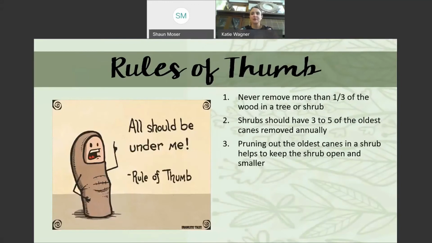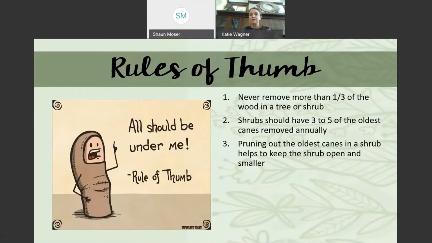Okay, so a rule of thumb: you never remove more than 1/3 of the wood in a tree or shrub. We talked about renewal pruning. For larger, older shrubs, you take out 1/3, or she says here 3 to 5 of the oldest canes removed annually.